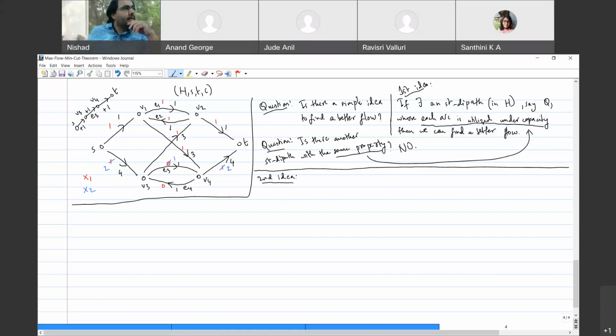Okay, so Shantini is suggesting another path now, but is it a dipath or is it just a path? It's not a directed path, right? What you're suggesting?